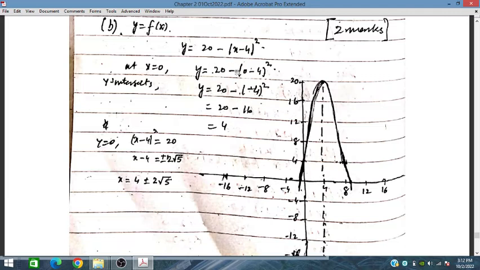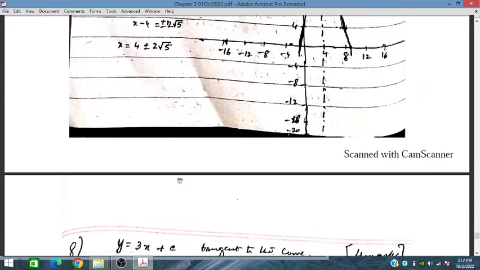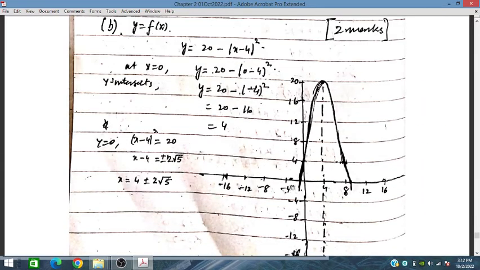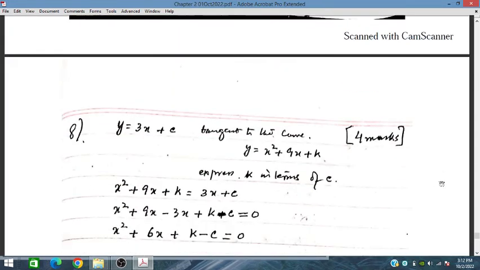For x equal to 0, we have y equal to this value. For y equal to 0, we have 4 plus or minus root 2. These two values will be this. So this is the drawing.